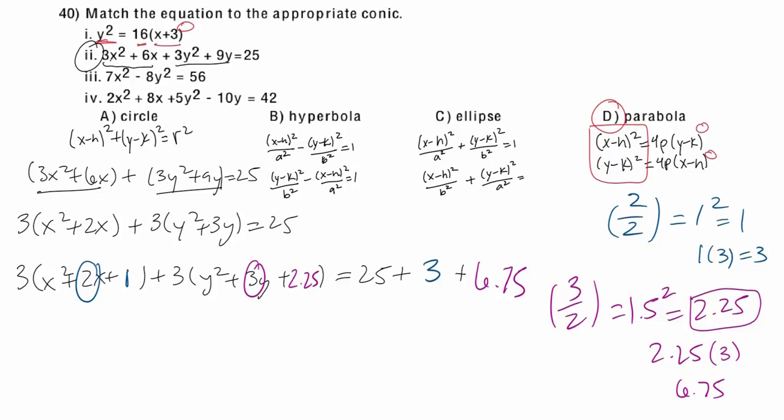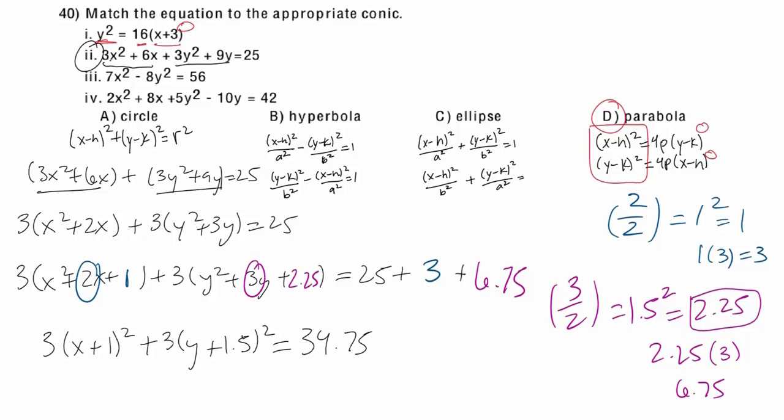Now let's simplify this, and that'll become 3 times x plus 1 squared plus 3 times y plus 1.5 squared equals 34.75.